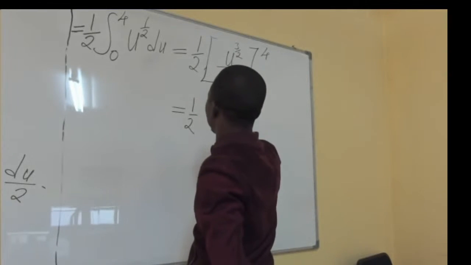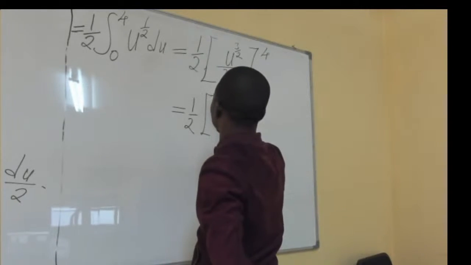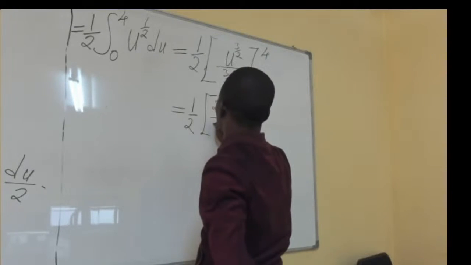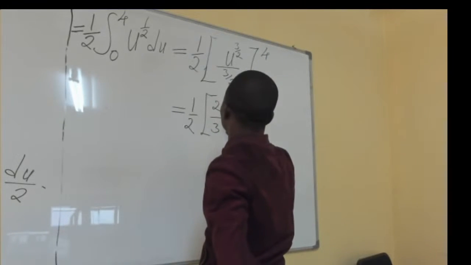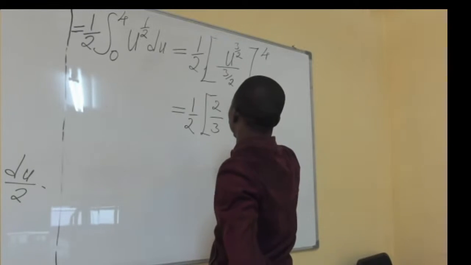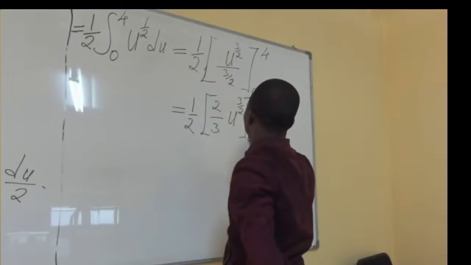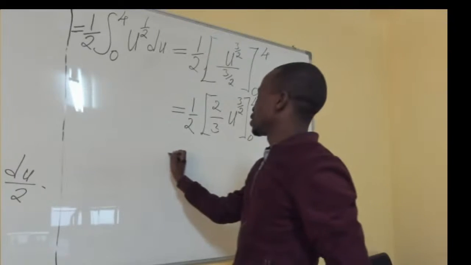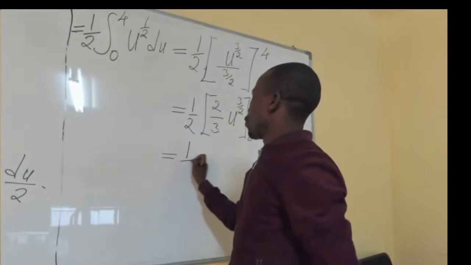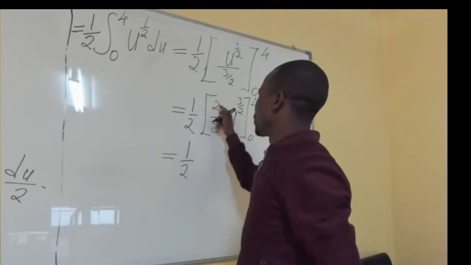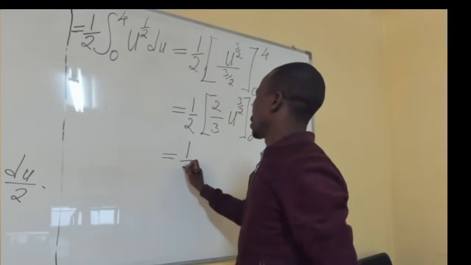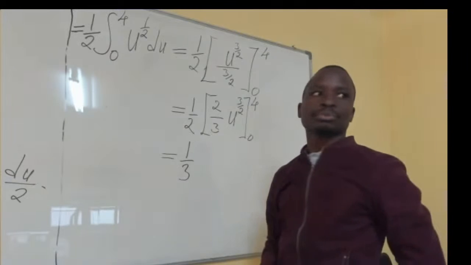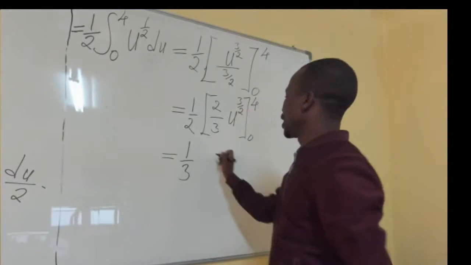Now, when we simplify this, it brings us to 2 over 3, u to the power 3 over 2 from 0 to 4. We factor this out, and 1 over 2 times 2 over 3 gives us 1 over 3.